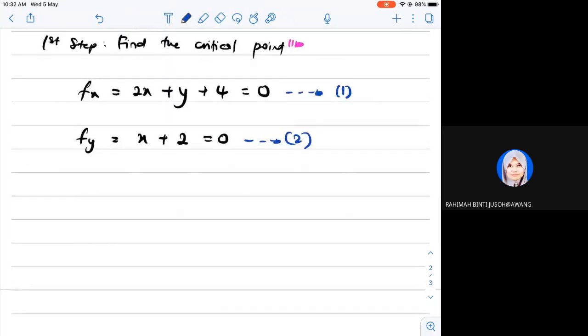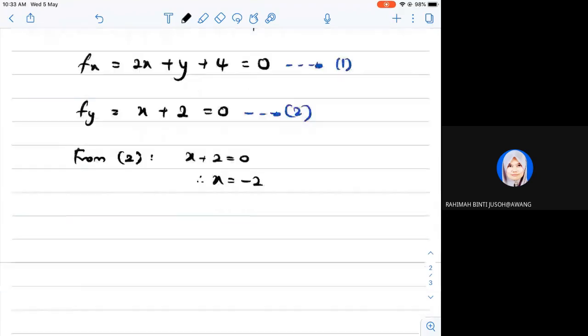So from 1 and 2, we want to solve simultaneously, right? As we can see clearly here, from 2 we have x plus 2 equals 0. Automatically x equals negative 2. Okay, so substitute in 1.